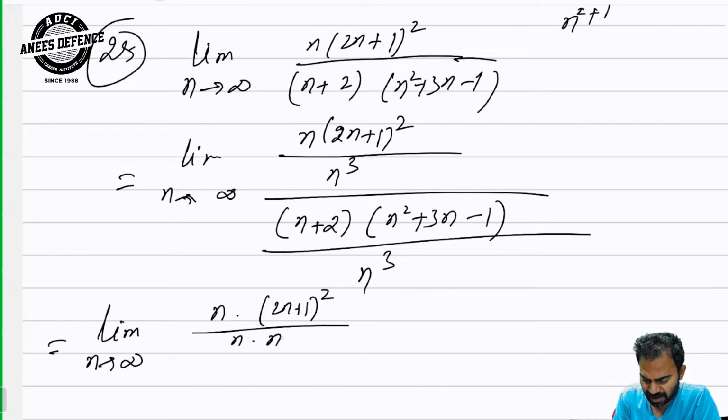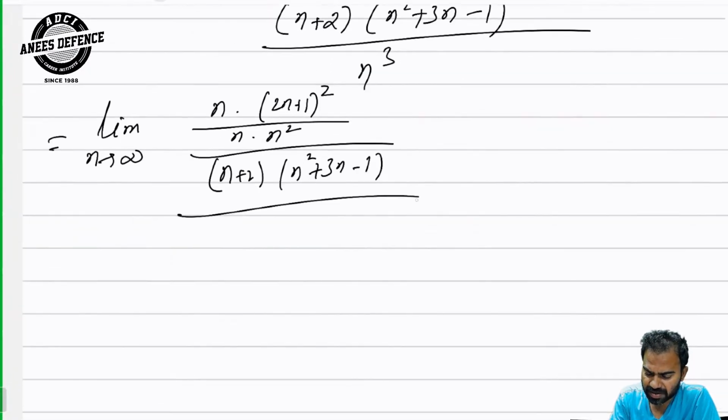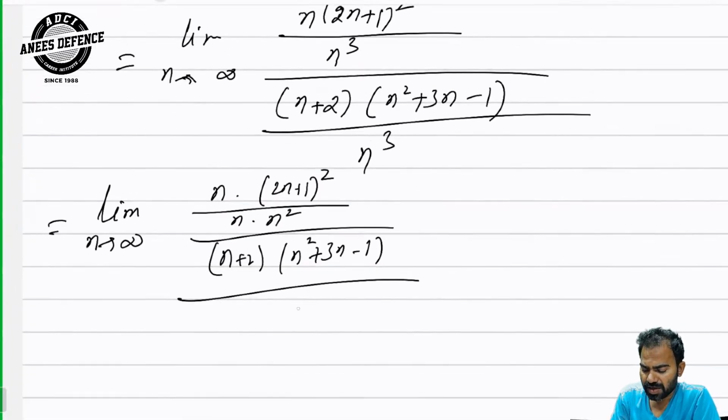n cube can be written as n into n square, because we require two factors: n into n square. We don't need to multiply all the things, we will only factor the n cube. It will be simple.